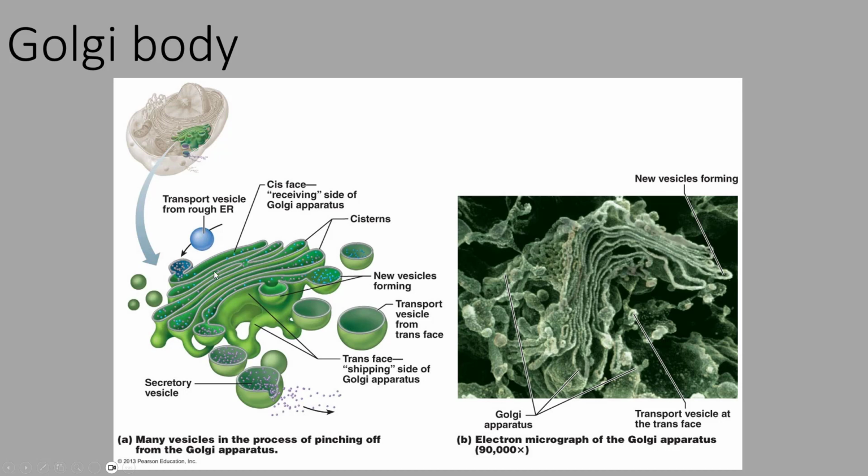Well, that protein that was made at the rough ER was not in a final working form. It was almost there, but not quite. When it gets to the Golgi, its job is to modify proteins that were made on the rough endoplasmic reticulum. It will add some things to it. It will take some things away from it. But it's going to modify those proteins that were made on the rough ER.